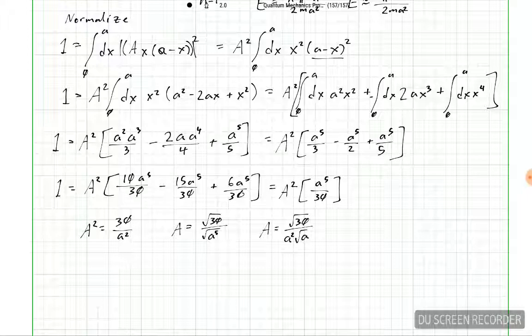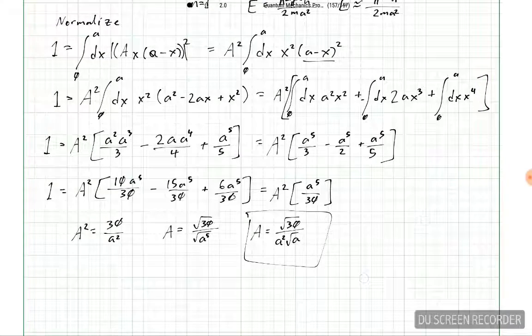No, you can't simplify it. Okay. So there's our normalization constant. That was square root of 30 over square root of a times a squared.